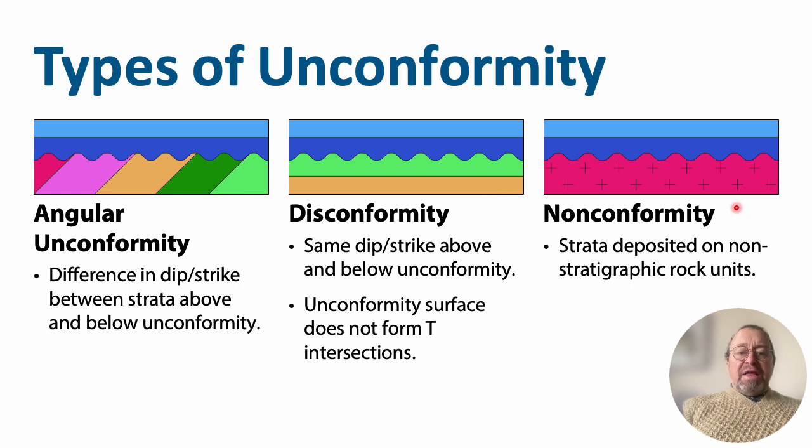And finally there's the nonconformity, where we have massive igneous rocks that don't have any bedding in them underneath, and they have been eroded and covered over by sediments. All of these look fairly similar on the geological map, but the T that we were really looking out for is particularly unique to the angular unconformity.